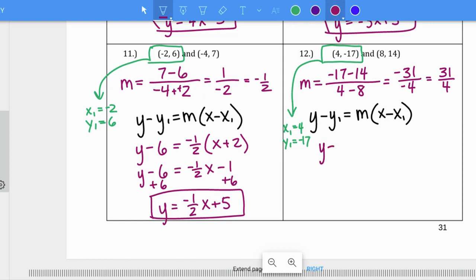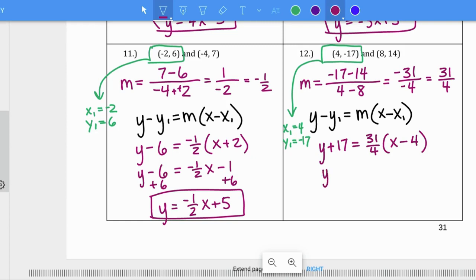Y minus a -17 turns into a +17. I got 31 over 4, and then I have X minus 4. So that'll work out okay. It's not too bad. Don't panic about the fraction.